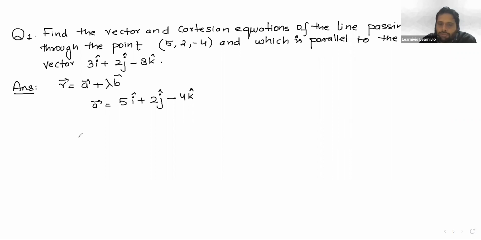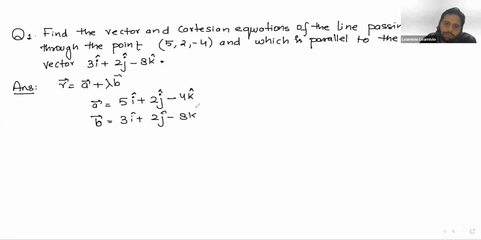Very, very good, Rifat. It is correct. In this question, what is vector b? The position vector is parallel to the vector 3i cap plus 2j cap minus 8k cap.